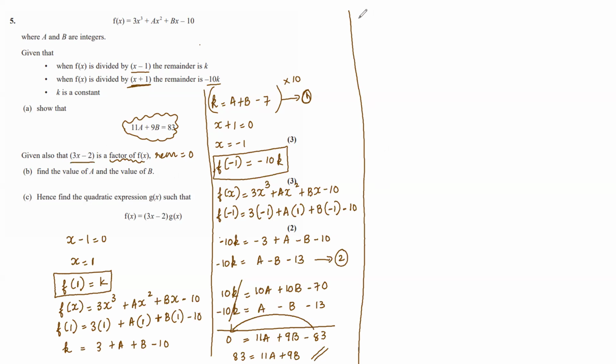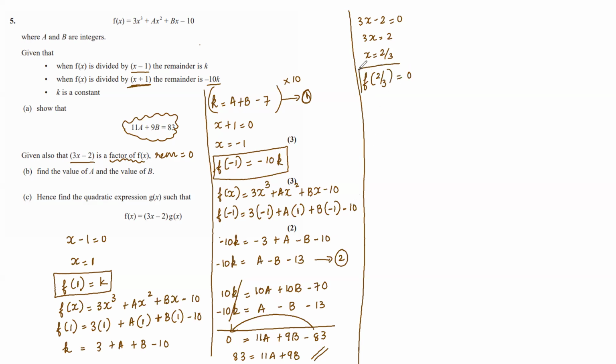Take the divisor 3x minus 2, equate it to 0, you will get 3x is equal to 2 and x is equal to 2 by 3. Now it's mentioned that it's a factor, that means the remainder is 0. So f of 2 by 3 is equal to 0.